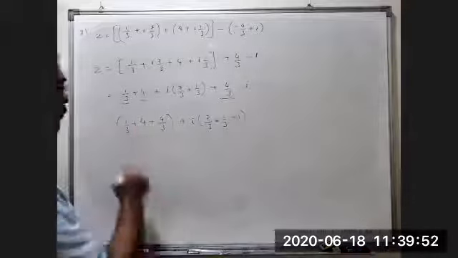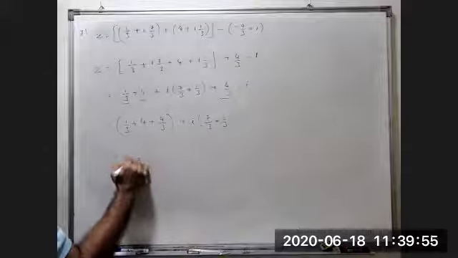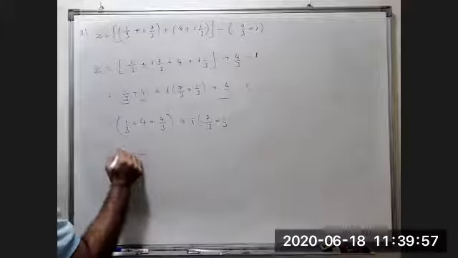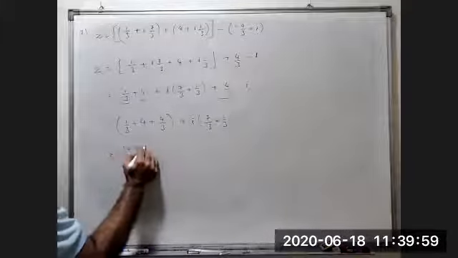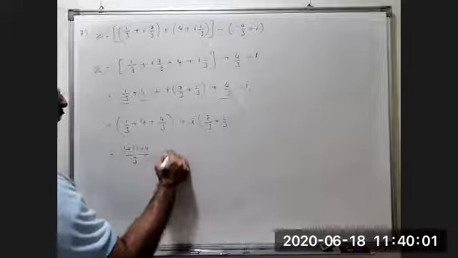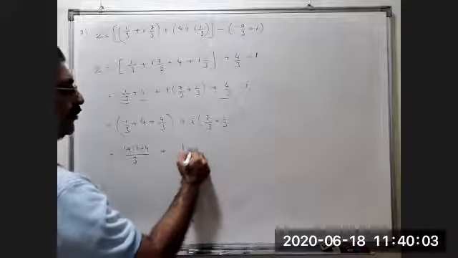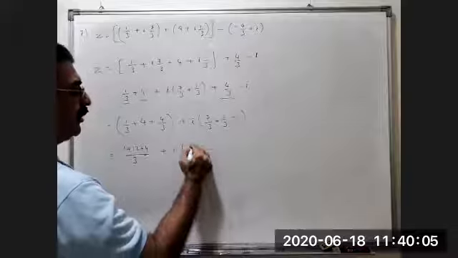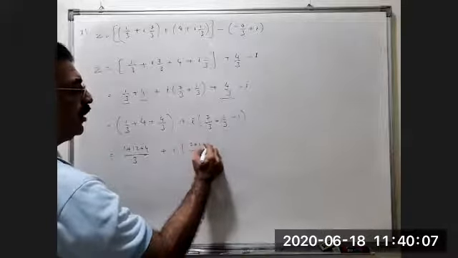Now simplify. Here LCM 3: 1 plus 12 plus 4, plus i into, again LCM 3, 7 plus 1 minus 3.